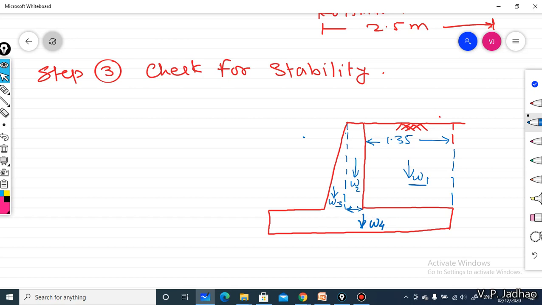So four forces will be resisting the overturning: W1, the weight of your soil mass on this heel portion, W2, the weight of your stem, this rectangular portion, W3, the weight of the triangular portion of the stem, and W4, the weight of this base slab. So these will be the resisting forces.